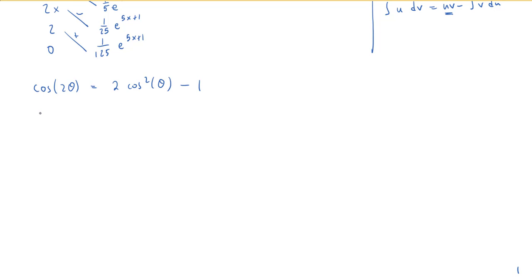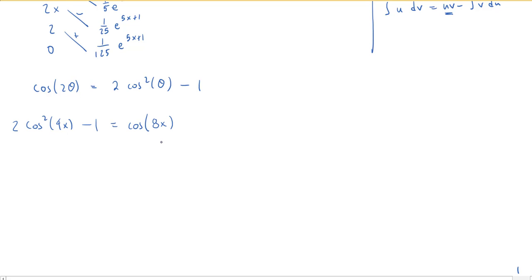So in our case, we have cosine squared of 4x. So our angle, right, our theta is 4x. And we can, if we like, multiply this by 2 and subtract 1, and we would then get the cosine of twice our angle. So our angle again is 4x, so this would be 8x.